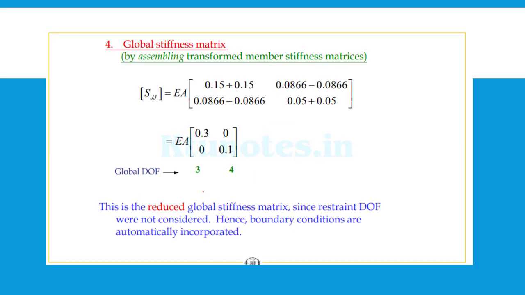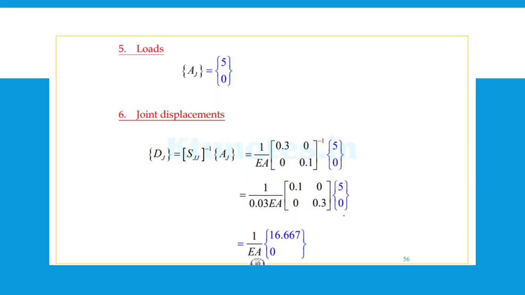Then you can assemble it, adding both member ends, to get the total system stiffness matrix. This is a reduced global stiffness matrix, since the restrained degrees of freedom were not considered, hence the boundary conditions are automatically incorporated. We have already cancelled or neglected the support displacements.